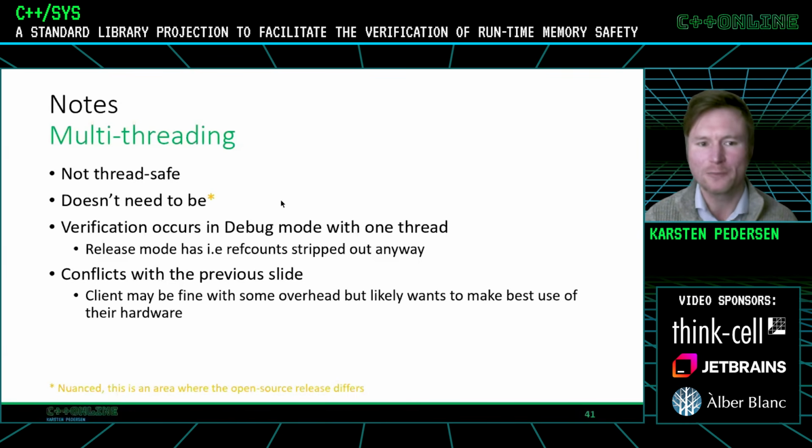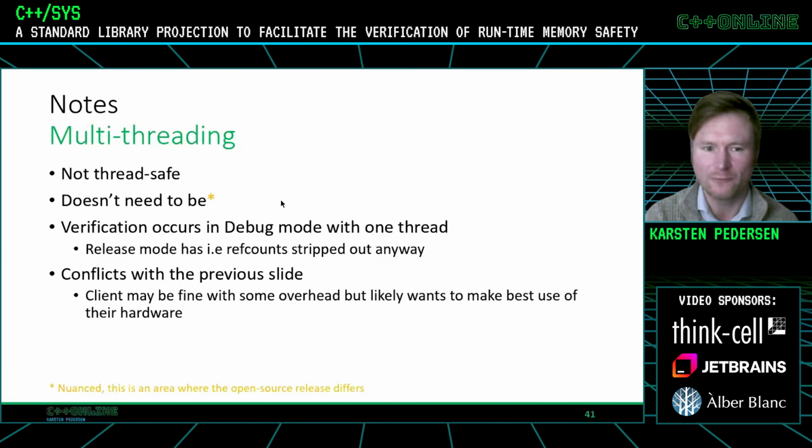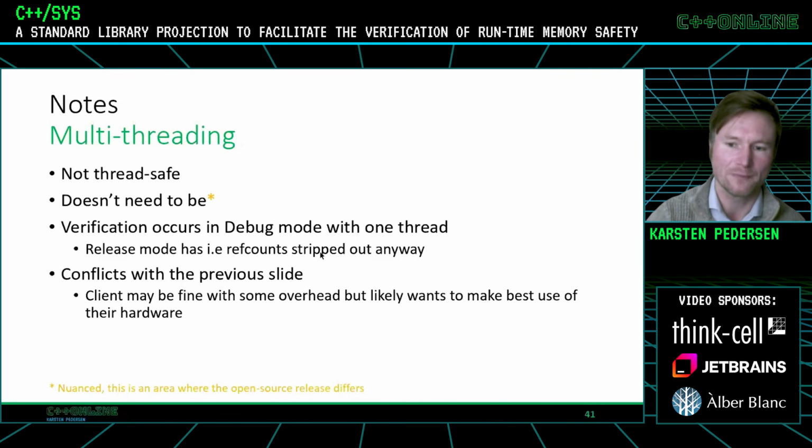I know it'll be very slow, but there's no reason you need multi-threading in the debug versions. The debug versions are there to verify it rather than have performance. So in release mode, it's completely thread safe because effectively it's been stripped out completely anyway. There's no reference counts or anything like that.